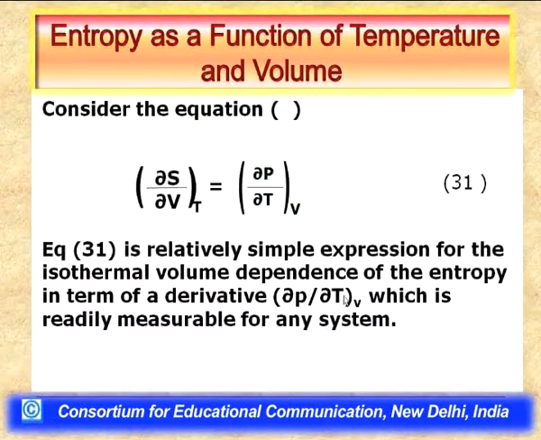Now, this right-hand side quantity is very easily determinable. If you remember, in our first lecture itself we talked about the cyclic rule. If three variables such as pressure, temperature and volume are related in the form of a cycle, then (∂P/∂T) at constant V into (∂T/∂V) at constant P into (∂V/∂P) at constant T equals -1.